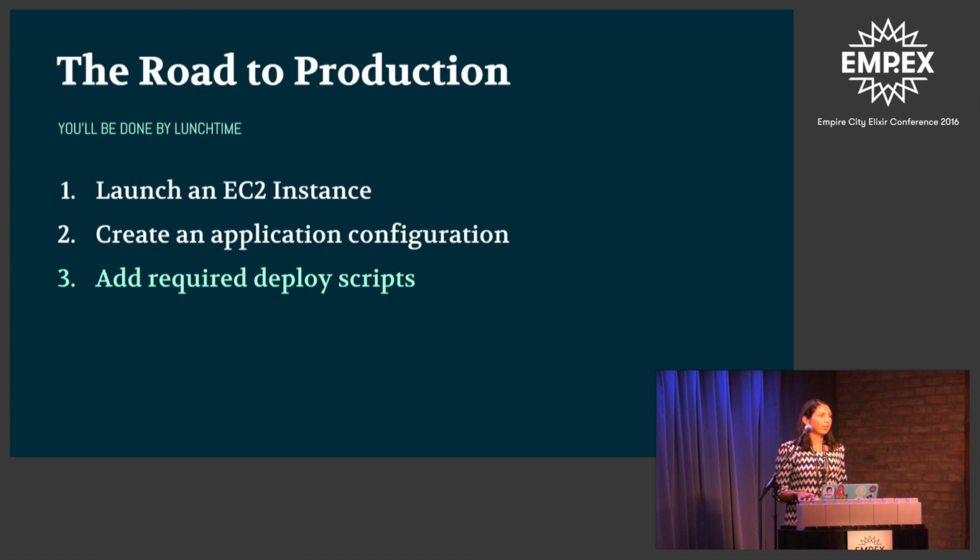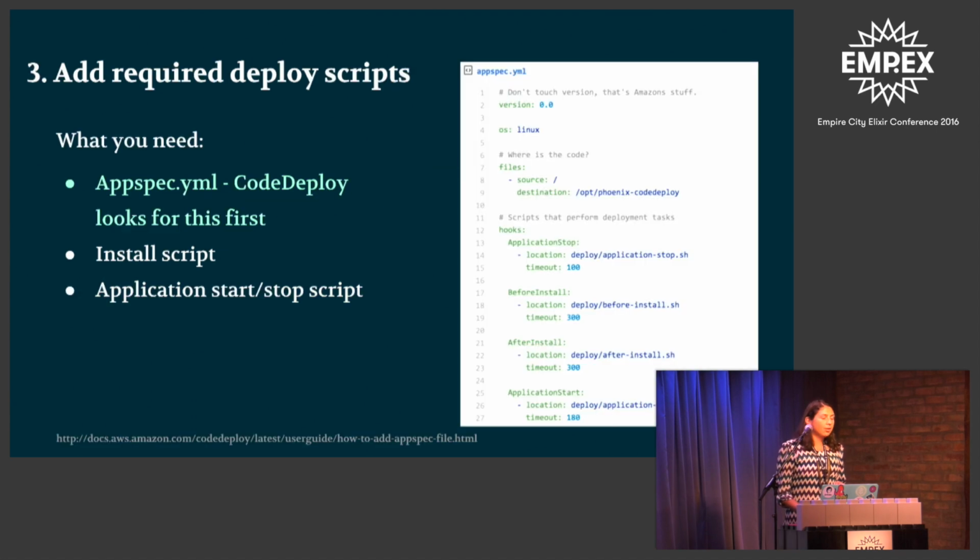Now, once you have your application defined in CodeDeploy, you need to add the required steps, deploy scripts, to your source code. The most important one of these will be the appspec.yaml. And this actually guides CodeDeploy through the rest of the deploy process. So what I have on the screen here is a full example of an appspec.yaml.